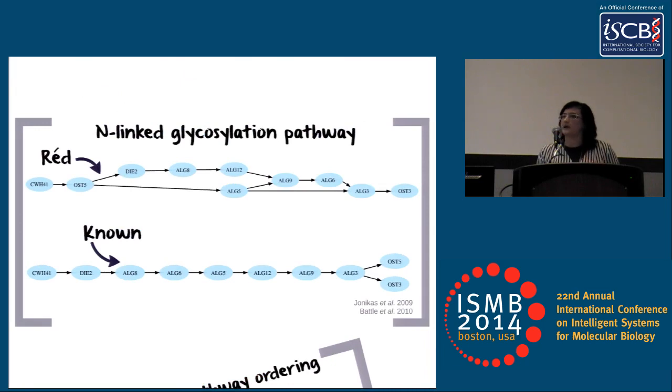Here we analyze the ability of RET to reconstruct a known glycosylation pathway whose genes are members of the Jonikos data set. In the top row is the network that was inferred by RET, and at the bottom is the true network according to known relationships between genes in the literature. What we can see here is that RET captures quite well many functional interdependencies between pairs of genes.